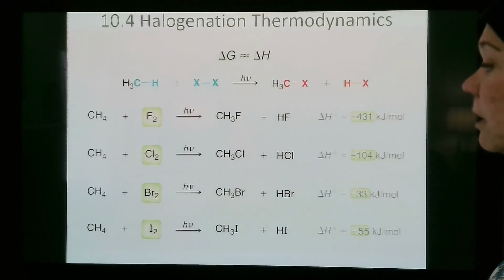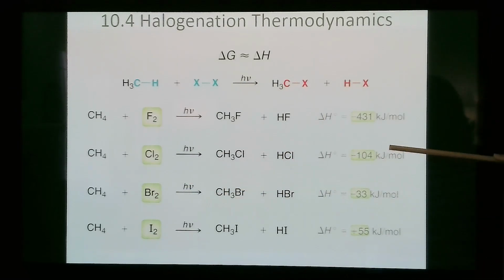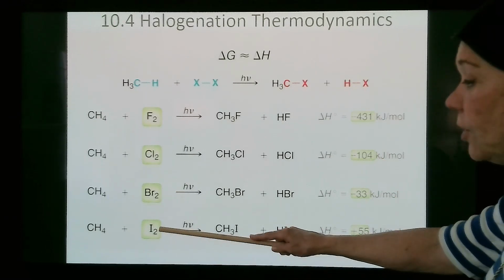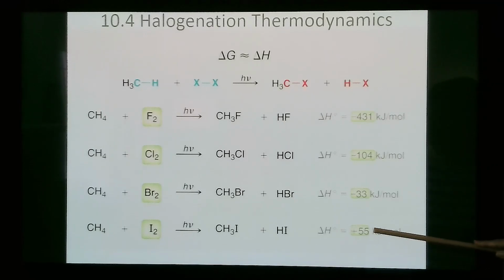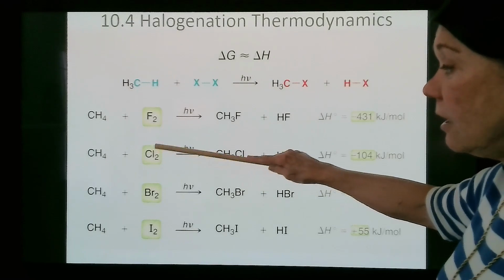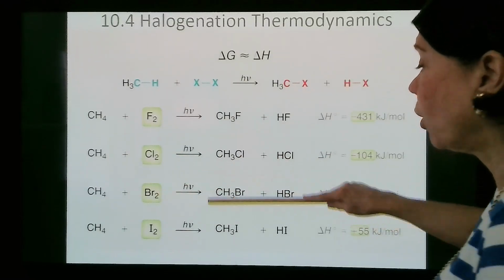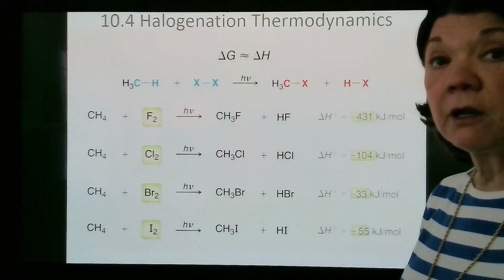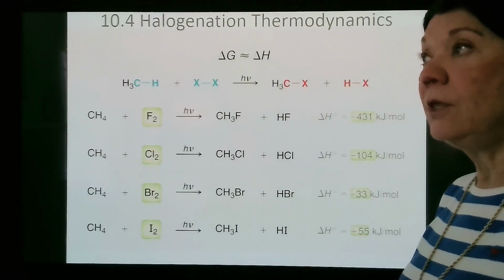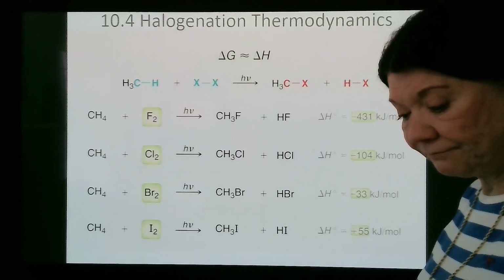Chlorine and bromine are much more reasonable. They proceed exothermically, but with very reasonable numbers. The iodination is endothermic, and so it's not very useful. And so in a lot of cases in our discussions, you're just going to see us use chlorination and bromination to discuss, because those are the most useful.